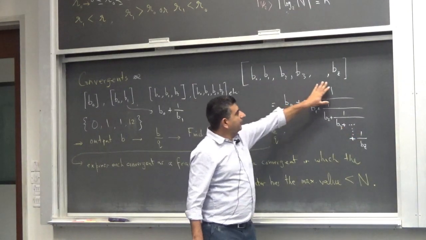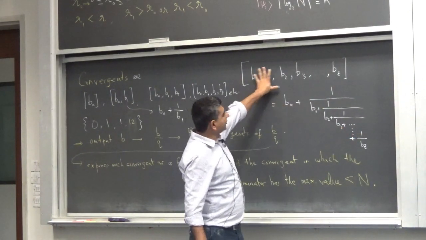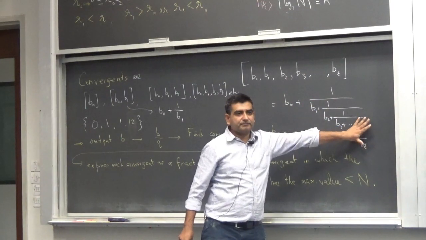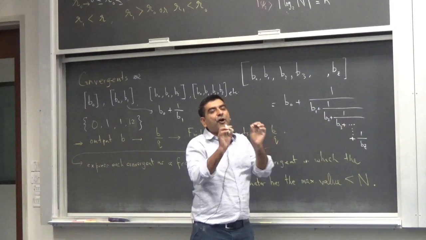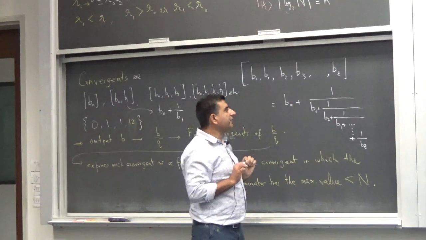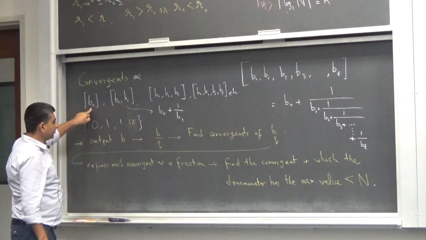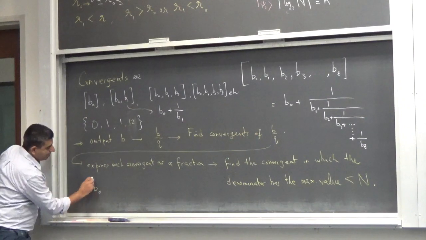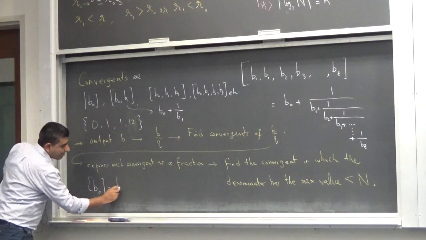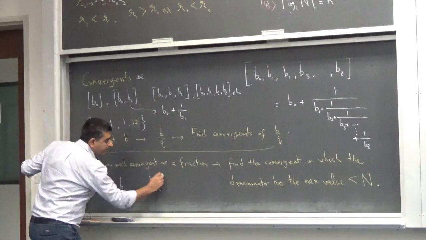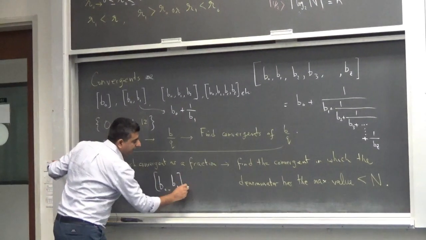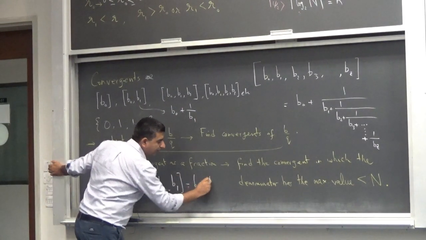This is the continued fraction expansion of a number. And how do you define the convergent? The first convergent is B naught, so this B naught is simply B naught. B naught B1 is B naught plus 1 over B1.